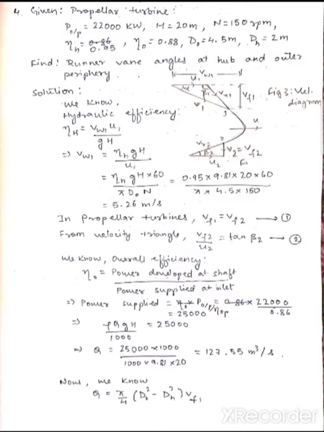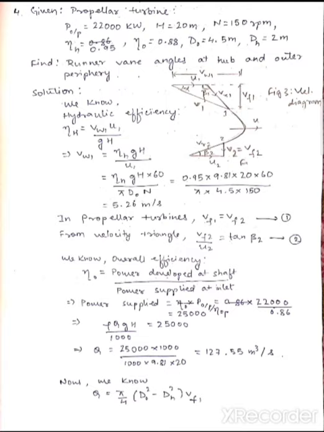So by rearranging we get vw1 equal to eta h into gH divided by u1. Now we know that u1 will be equal to pi d naught n divided by 60. So we'll put in the suitable values and get vw1 to be equal to 5.26 meter per second. In propeller turbines we know that the flow component at inlet is equal to the flow component at outlet, so we'll mark this as 1.